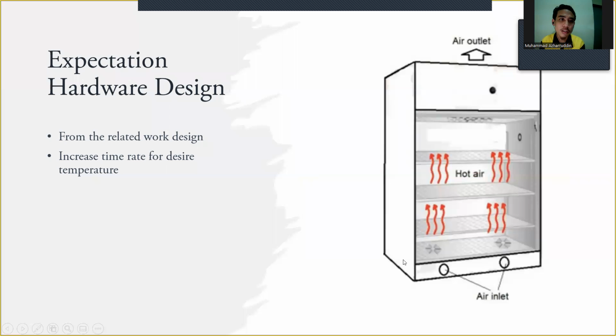But this is the expectation, so I really don't know how to design it yet with the specific calculation. But yeah, I think this is what I will do.